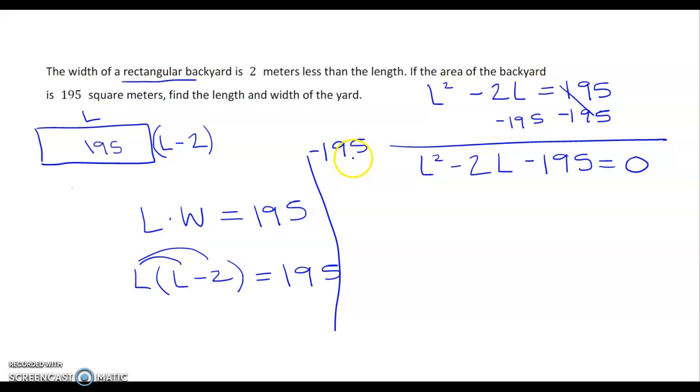Now, I don't know factors of 195 very well, but I do know that 195 is divisible by 5. So I'm going to try that first, and maybe it will give me some ideas to start with. So that's 5 and 39, which I can see is too far apart. Well, I can see 39 is divisible by 3. So 3 is a possibility, 5 is a possibility.